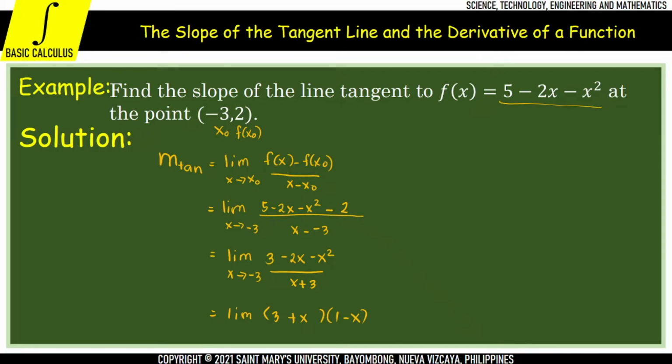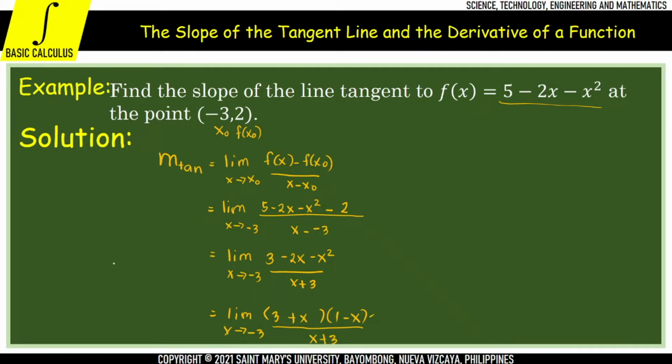So, for example, we have 3 times x is negative 3x. X times positive 1 is equal to positive x. So, kukunin natin yung sum if it is equal to the middle term. So, for example, negative 3x plus x is equal to negative 2x, which means that this is the factor of the numerator divided by x plus 3 as x approaches negative 3.